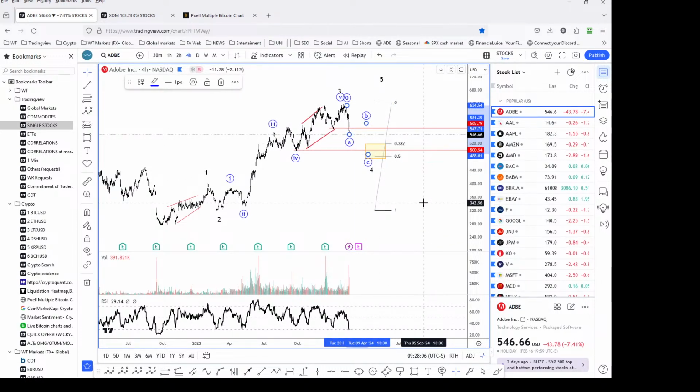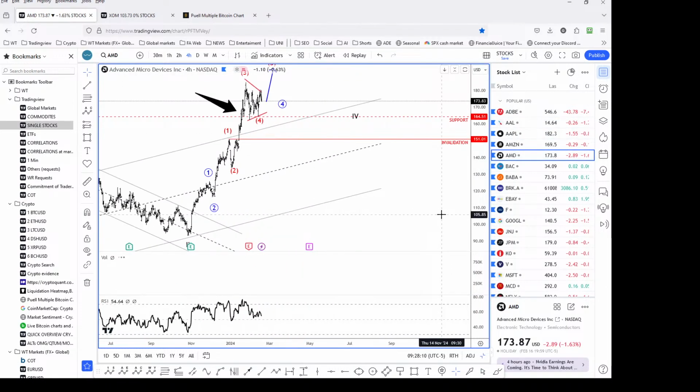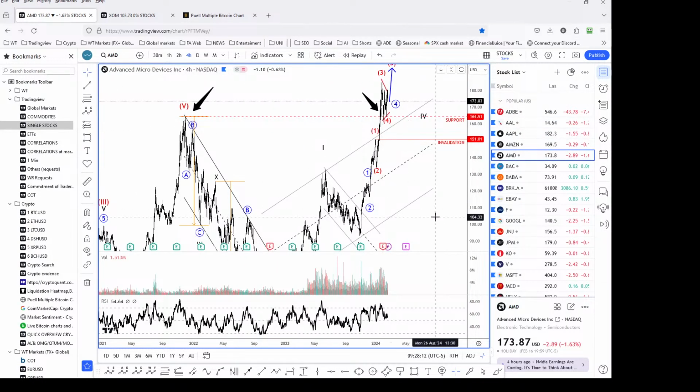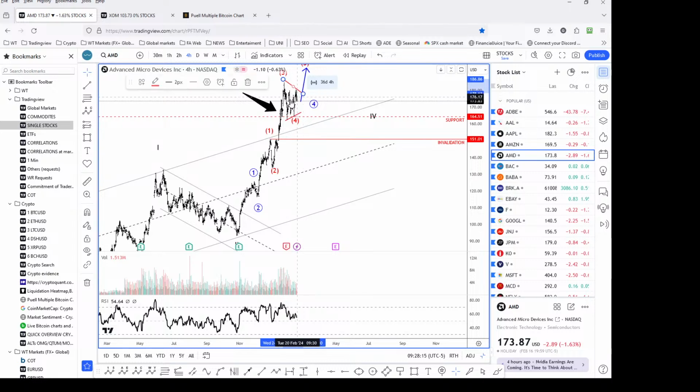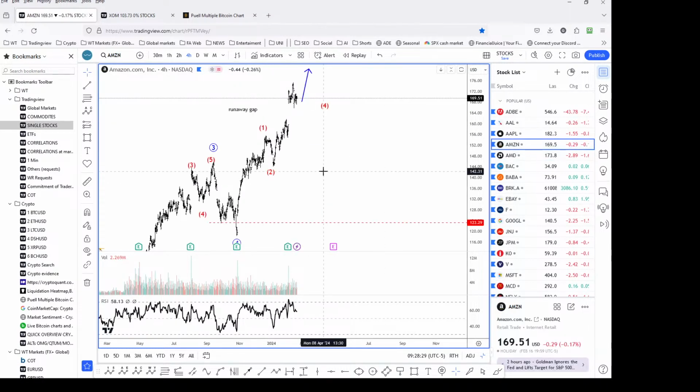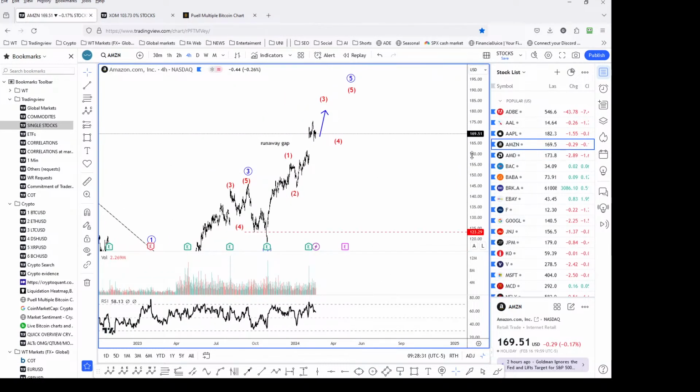Also, if we take a look here at AMD, we are still holding this support. So this week maybe we get a breakout of this range that is still ongoing, potentially wave 4. As long as you are above 150, I think there can be more gains coming. Also, let me check Amazon as well.